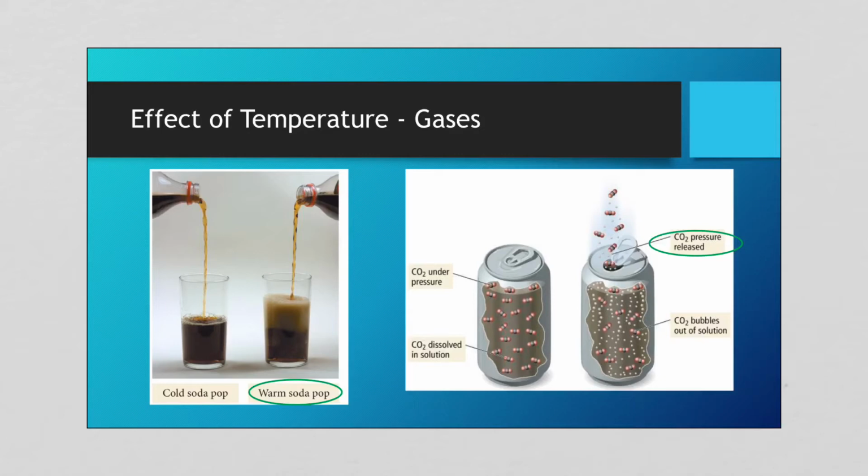And if we look at our two pictures here, what we see is that if I take a bottle or can of soda that is cold, and I pour it, I get a little bit of bubbling, but not a whole lot of bubbling. So what that's telling me is that the carbon dioxide is staying dissolved. If I take warm soda or a warm carbonated beverage and I pour it, I get much more foaming.